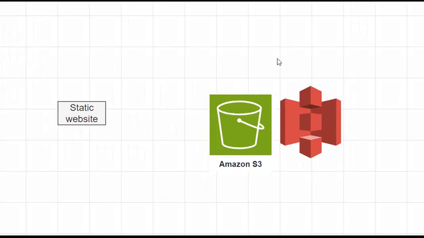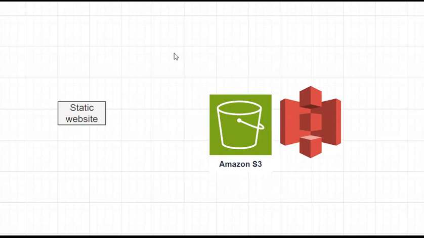This AWS S3 service provides us an advanced feature, that is static website hosting. After creating a bucket, we have an option to enable static website hosting. We have a chance to host our static websites using S3 buckets. Inside our bucket we need to enable the static website hosting option.